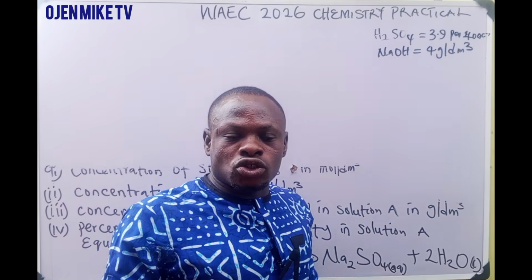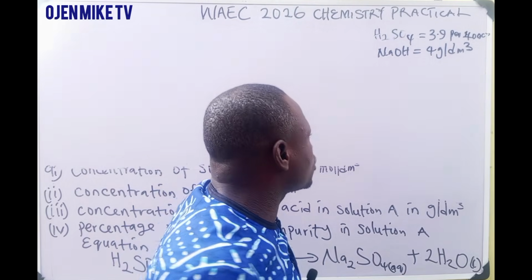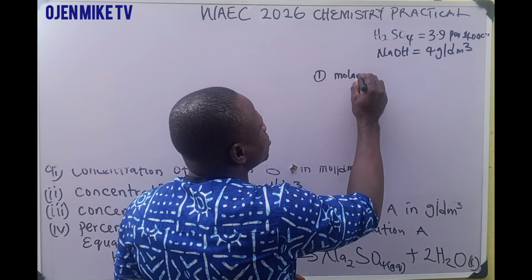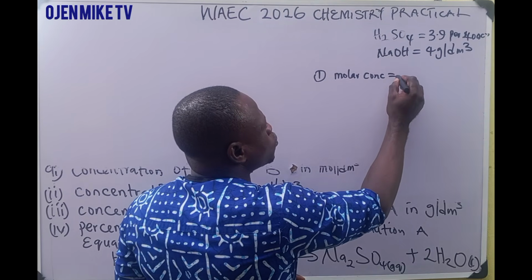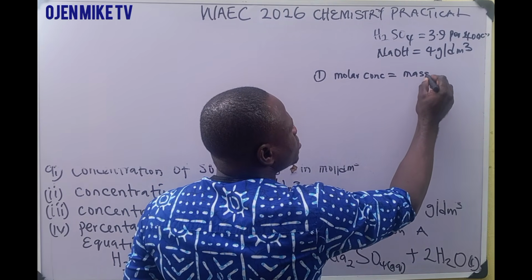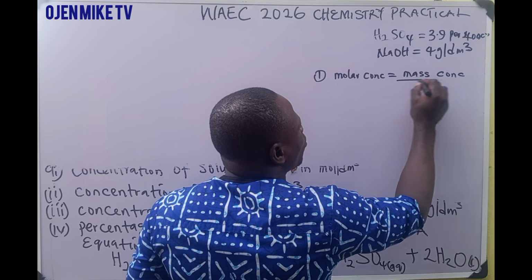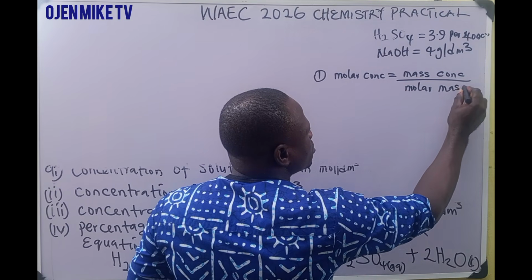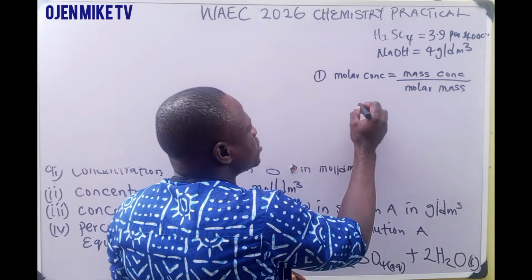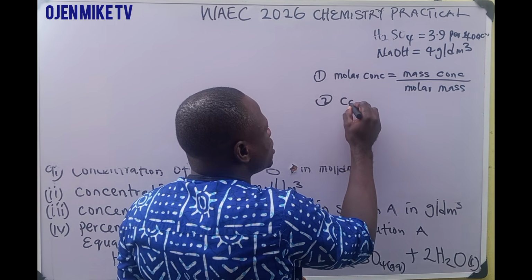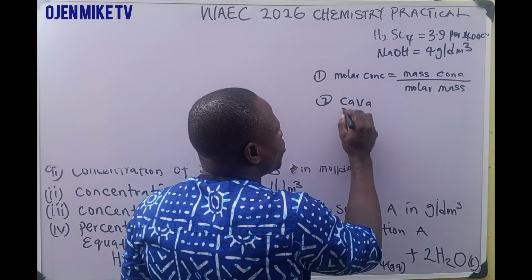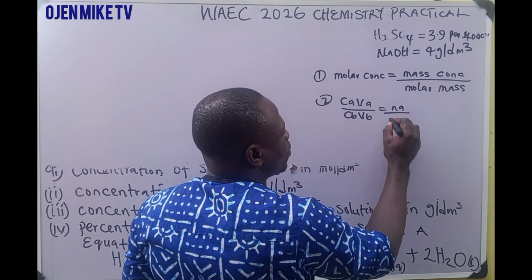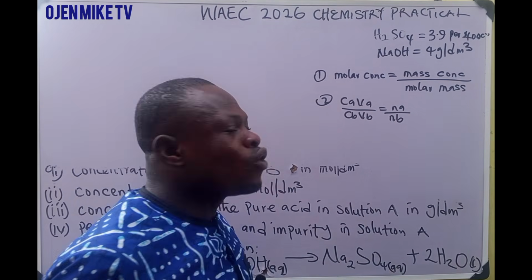Two formulas you can use to calculate concentration in moles per dm cubed. Number one of the formulas is molar concentration is equals to mass concentration over molar mass. The second formula is CaVa over CbVb is equals to Na over Nb. These are the two formulas you can use.